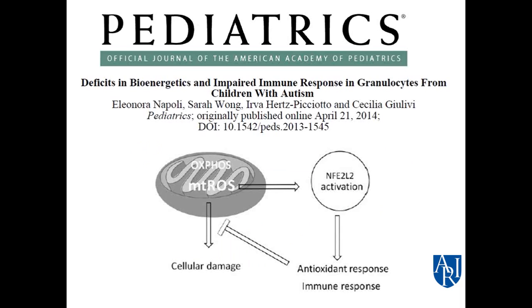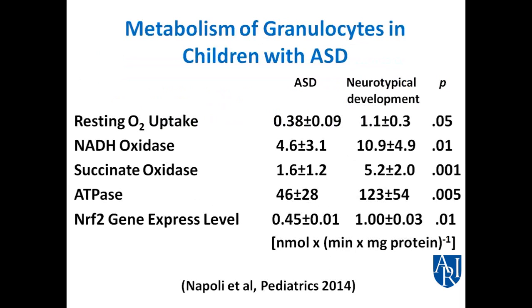And they showed that mitochondrial function is significantly decreased. But not only that, they found that NRF2 gene expression was reduced. This is a very important finding, and I'm sure will be replicated in larger groups. This is a small sample they looked at, but it was very carefully done.